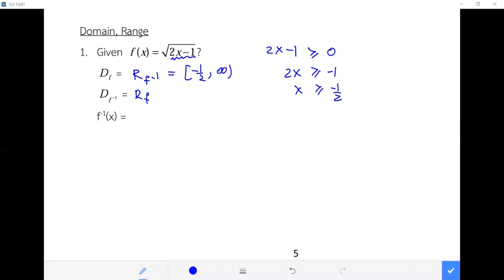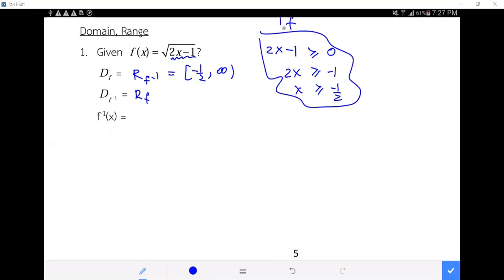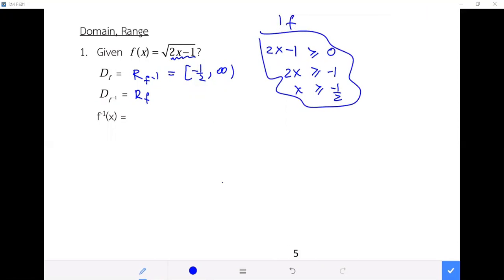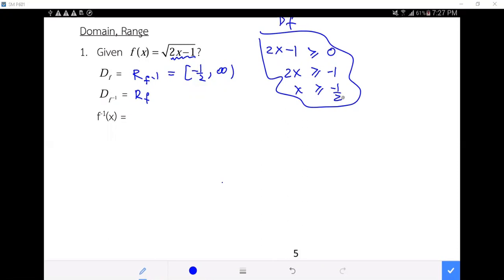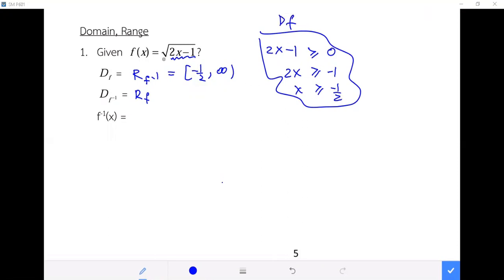Now, you want to find the domain of f inverse, right? It's going to be the range of f, so you look for the range of this f. If you set your domain to be more than or equal to negative 1 over 2, this will come out to be more than or equal to 0, right?